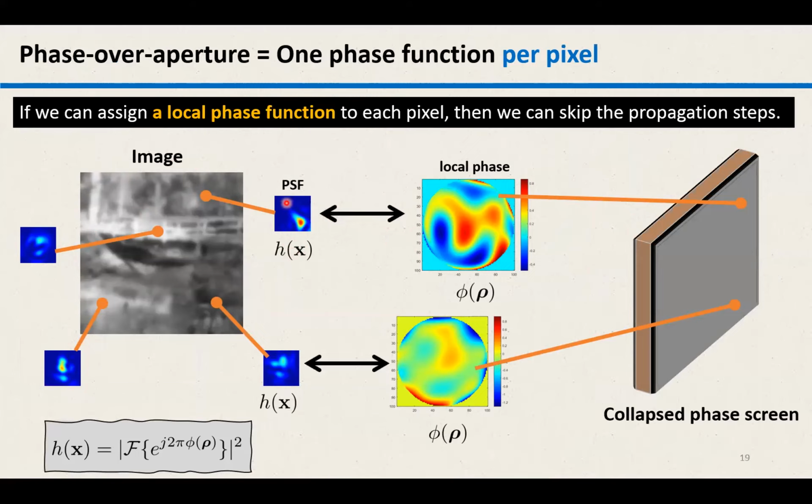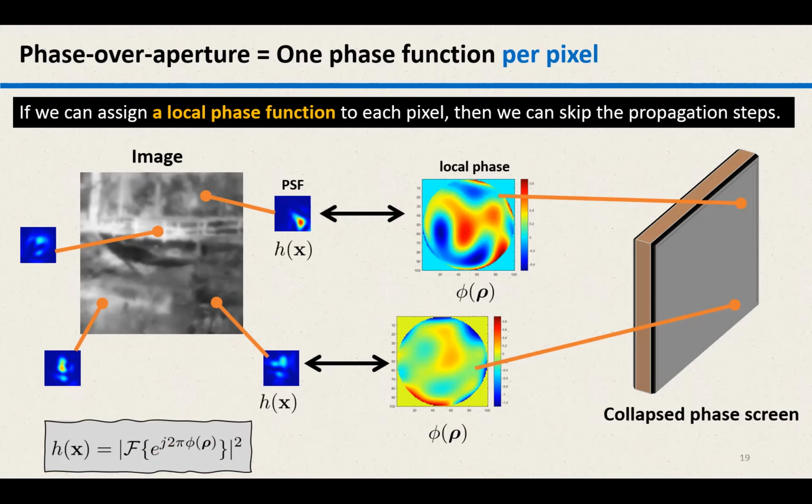Look at this pattern. The point spread function, of course, is a square pattern, so you have different values. We all understand what that is. The local phase function is defined on the unit disk, because you have a circular aperture. You take the Fourier transform of this local phase screen, and then you take the magnitude square. Then you will be able to get the point spread function given by this equation.